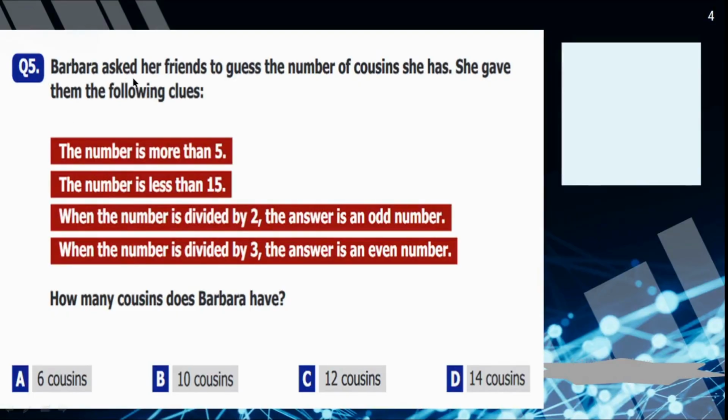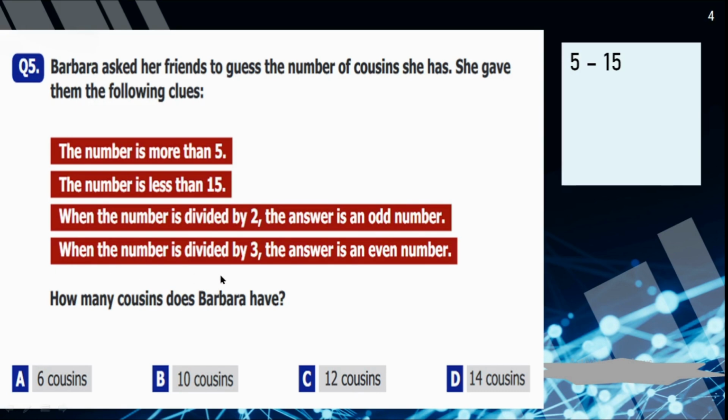Question number 5. Barbara asked her friend to guess the number of cousins she has. She gave them the following clues. The number is more than 5. The number is less than 15. It means the number lies between 5 and 15. Here 5 and 15 will be omitted because the number is in between these two numbers. When the number is divided by 2, the answer is an odd number.